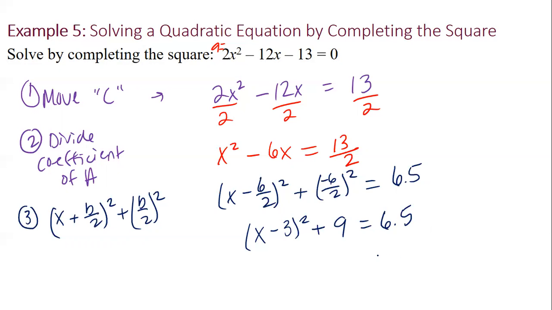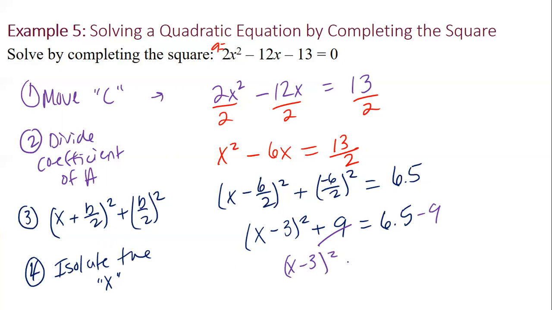All right. So we applied the formula, simplified, and then step 4 is to isolate the x. What do I need to do to get x by itself? Minus 9. x minus 3 squared equals, what is that?